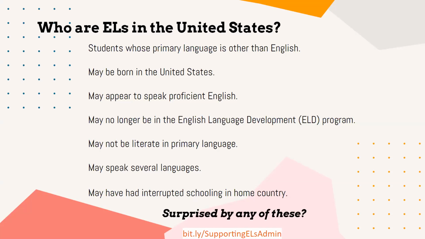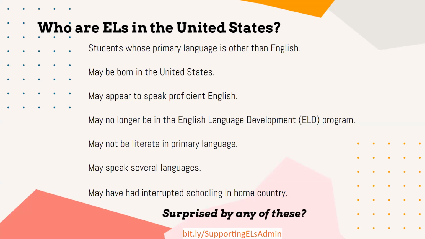And also very important to know about your ELs is that they may have had interrupted schooling in the home country. That's important. It actually is recorded. That information has to be gathered and recorded in their file. And your teachers need to know if they're working with a student who has had interrupted or limited schooling.